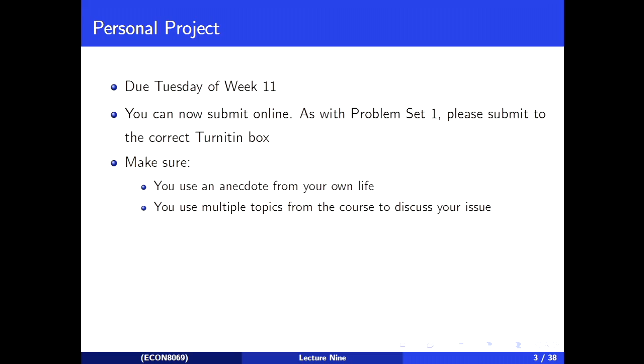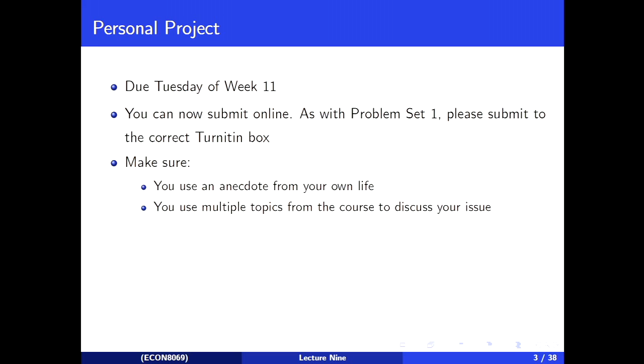Also vital, required for this assignment, both for micro and macro, is to use multiple topics from the course to discuss your issue. If your issue is about why the price is high, it's not enough just to say there's higher demand than I thought. You might want to talk about market structure, or some sort of market power, or particular reasons why demand is higher than you might think.